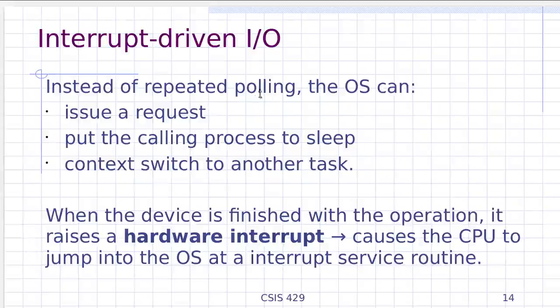And so instead of repeated polling, the operating system can issue a request, send a command, and then say, okay, this is going to take a long time, so I'm going to wait for that I/O to finish and switch to another task.